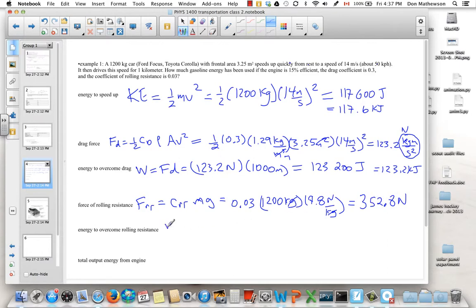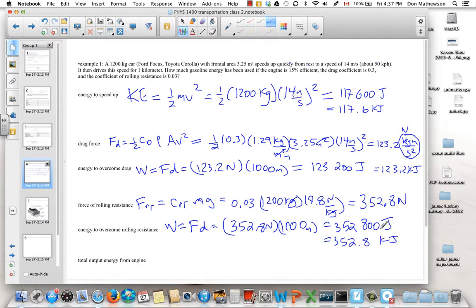And the energy will again be the work, so we're multiplying the force by the distance. 352.8 newtons of force. We're again moving a distance of 1 kilometer, that's 1,000 meters. So that's 352,800 newton meters or joules, and that's 352.8 kilojoules.